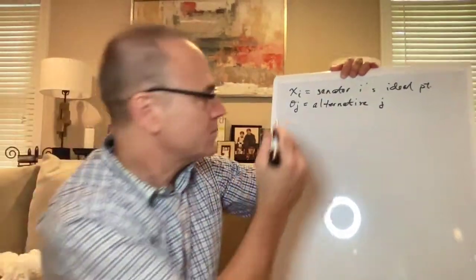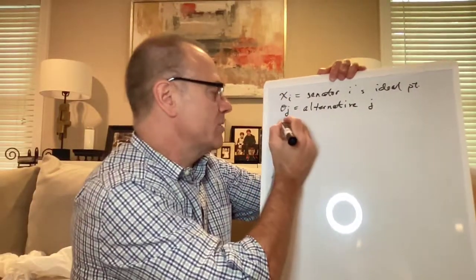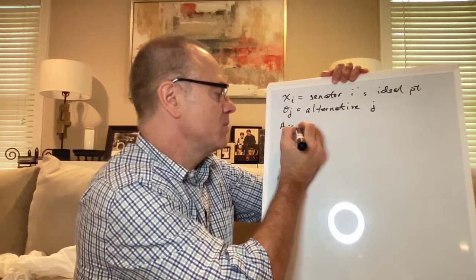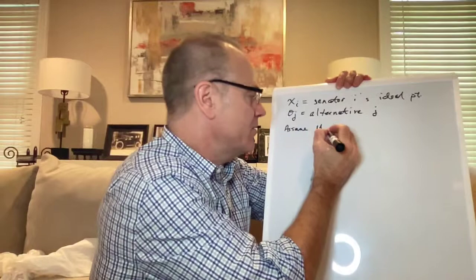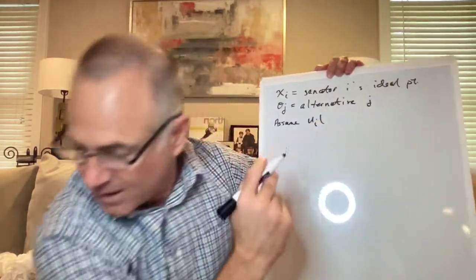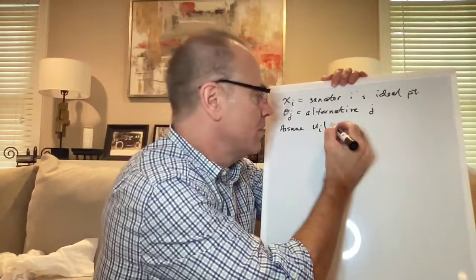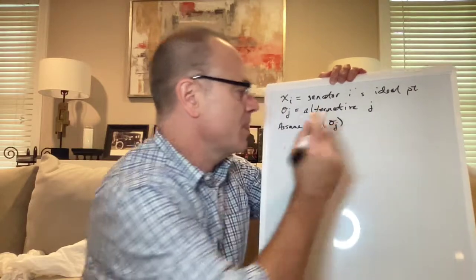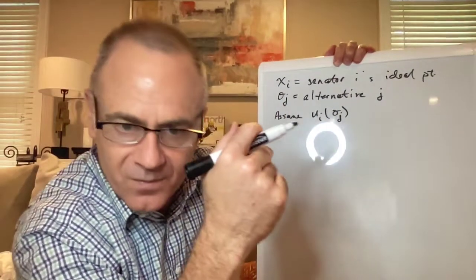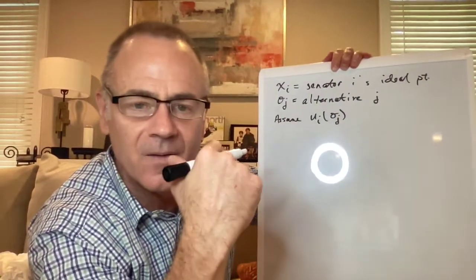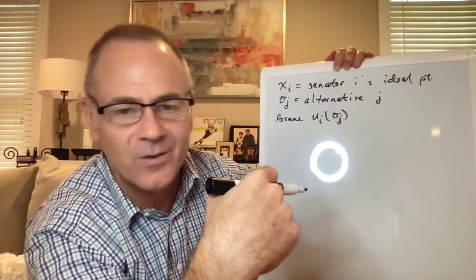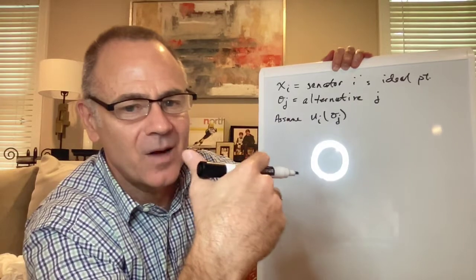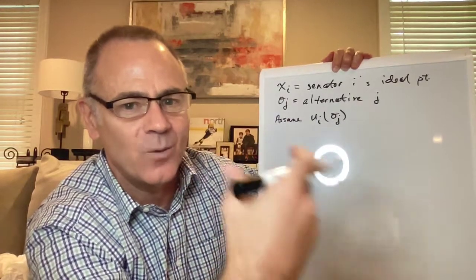Okay, next. Krehbiel and Rivers assume that Senator i's utility for alternative j, and by the way, this could trip up economists. Economists, we always think about the utility as something that we get.